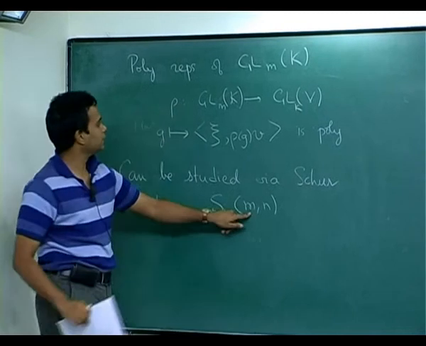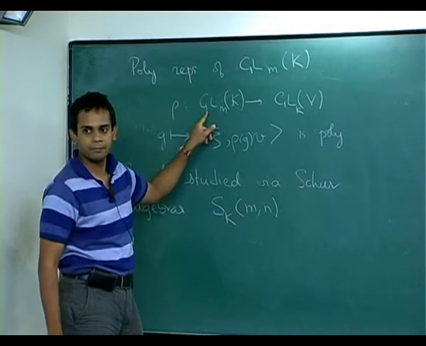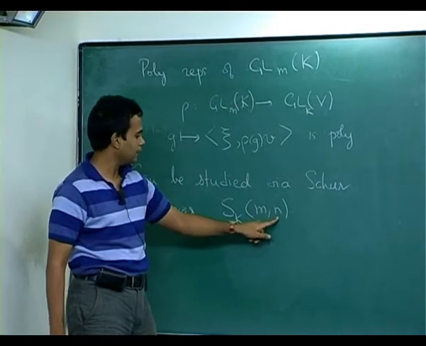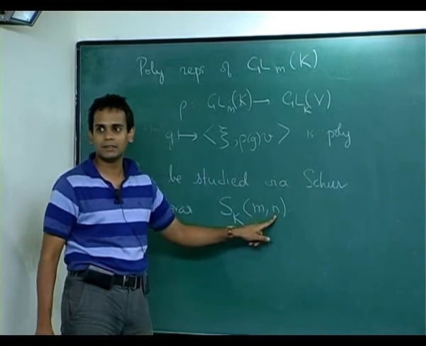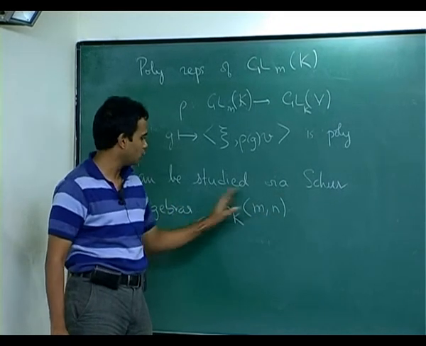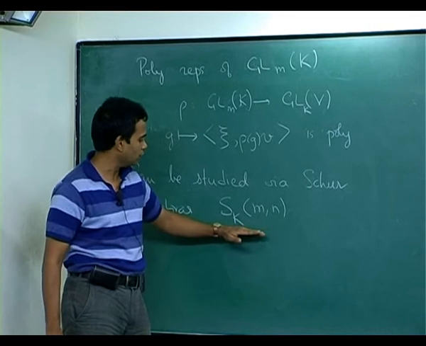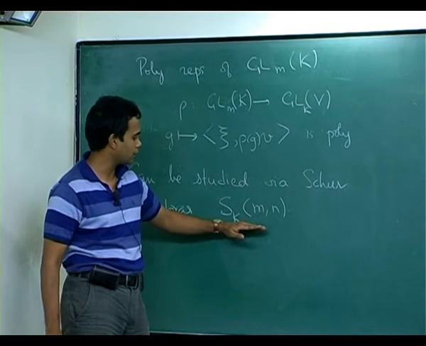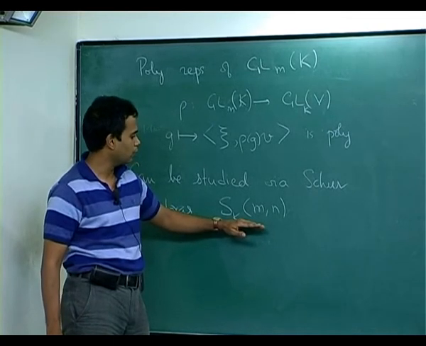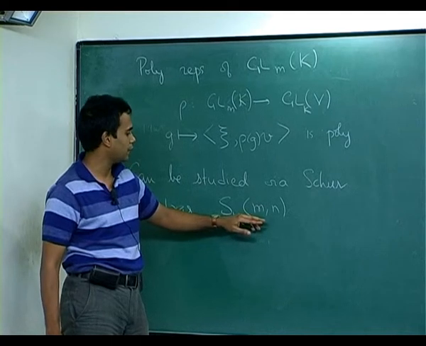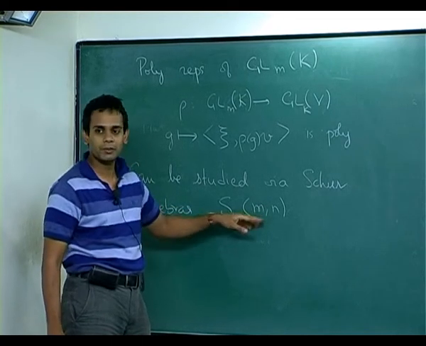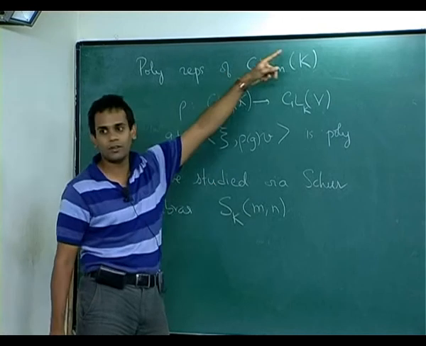So, this m is just the m in GL_m. This n is the homogeneous degree of the representation. The modules for the Schur algebra correspond to homogeneous polynomial representations of degree n for this group.